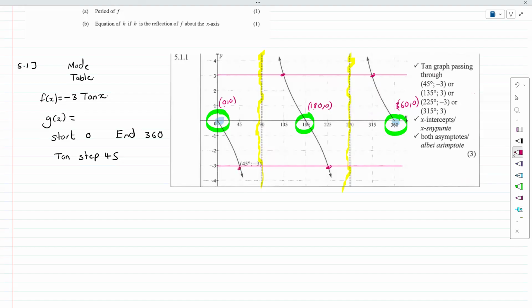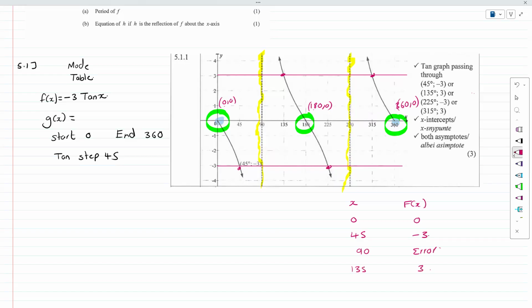So my table would have looked like this, just to show you guys that we would have had x and f of x. It would have been 0 and 0. It would have been 45 and minus 3. It would have been 90 and error. The reason it's an error is the asymptote. The tan graph will never touch at that point. It would have been 135 and 3.